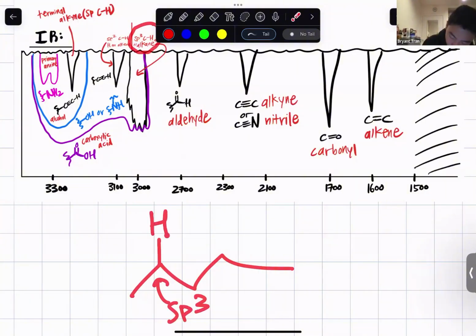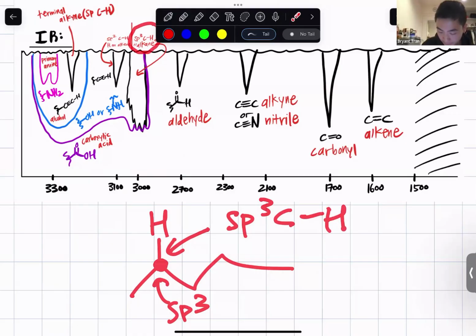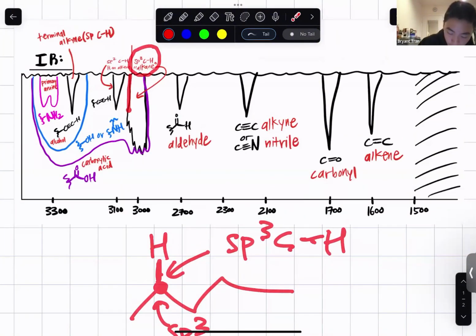So if we are labeling this bond right here, that bond is between an sp3 carbon, because like we said earlier, this carbon is sp3 hybridized, and a hydrogen, right? So if any molecule has this bond right here, which most molecules do have, an sp3 carbon to a hydrogen bond, that's going to show up as this 3000 peak, right? Which most molecules will have.